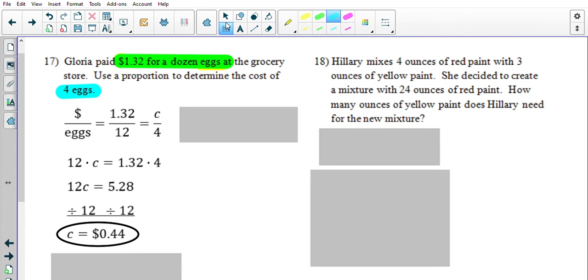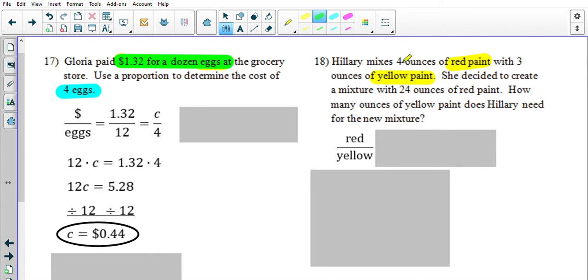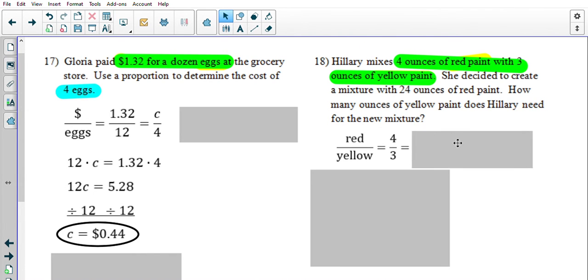So in this question, we're talking about red paint versus yellow paint. So I did red over yellow, or yellow over red also works. So we know that the mixture is 4 ounces of red paint to 3 ounces of yellow paint. So that's 4 over 3. And we know we're talking about 24 ounces of red paint.